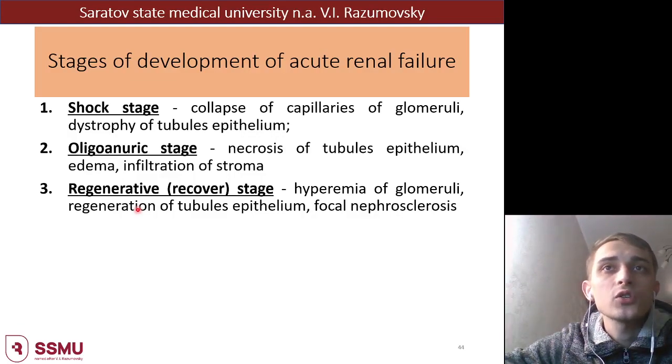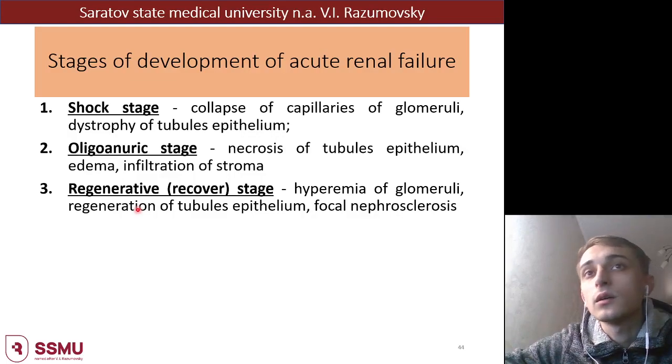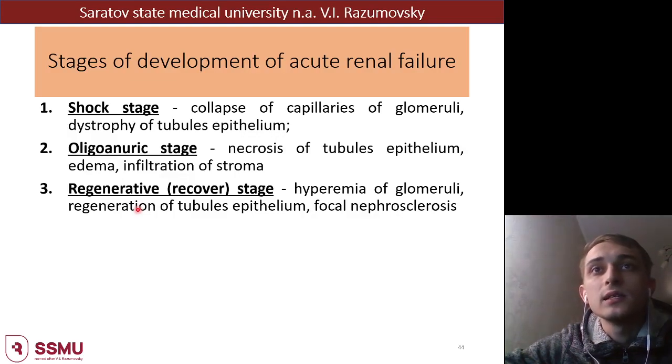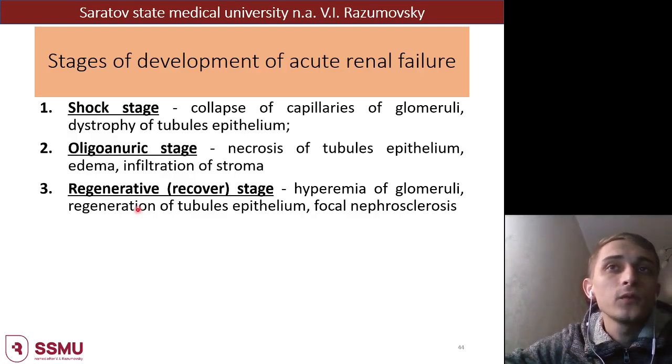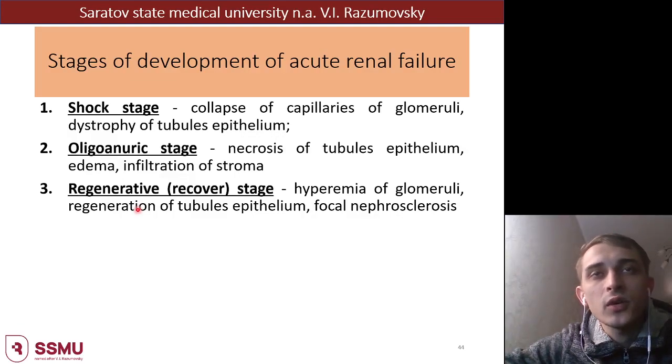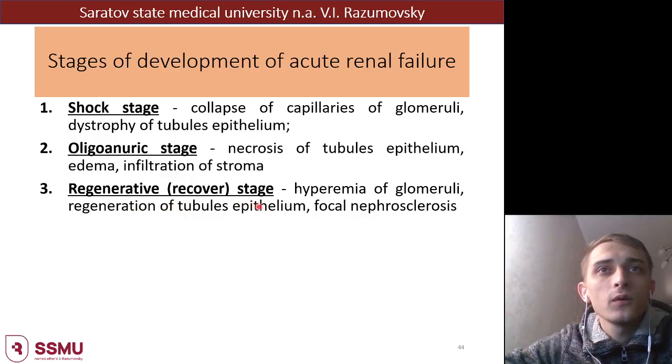The second stage, the most typical morphological manifestation of which we may see on the previous slides, is the oligoanuric stage, and it manifests itself by necrosis of tubes epithelium and edema or infiltration of stroma and so on. And the third stage is the stage of regeneration or recovery, and it is characterized by hyperemia of glomeruli, regeneration of tube epithelium, or focal nephrosclerosis.